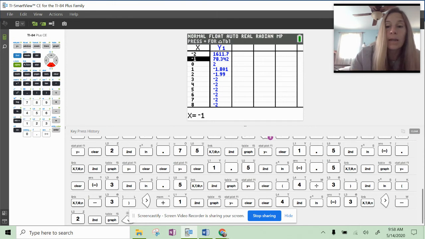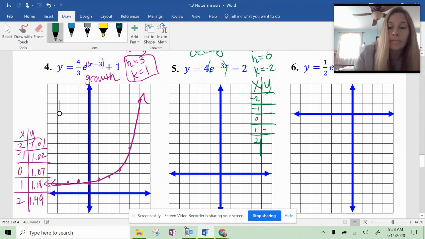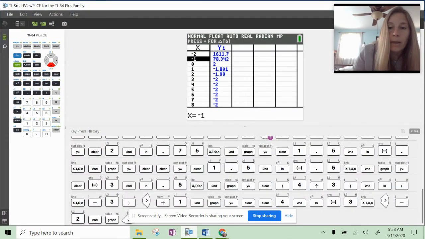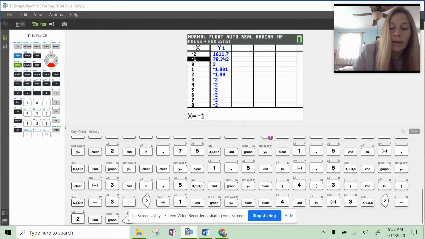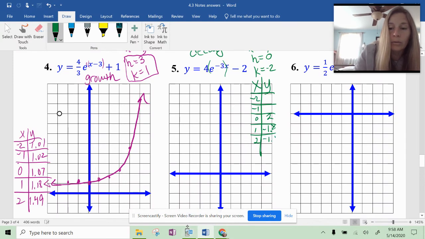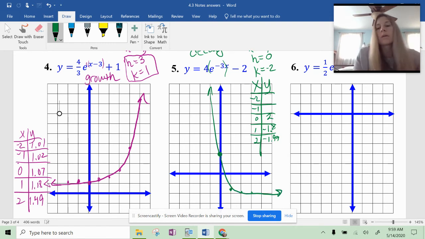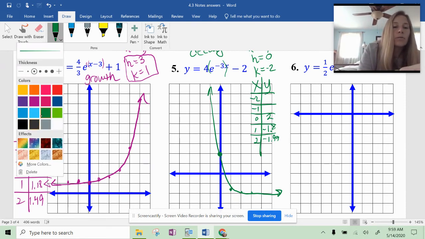So 1 and -1.8. And then 2 and -1.99, but really we're looking at -2 from that point on. So 0, 2, 1 and -1.8. So here maybe, and then after that it's pretty much going to -2's. So this is a very steep decay function.